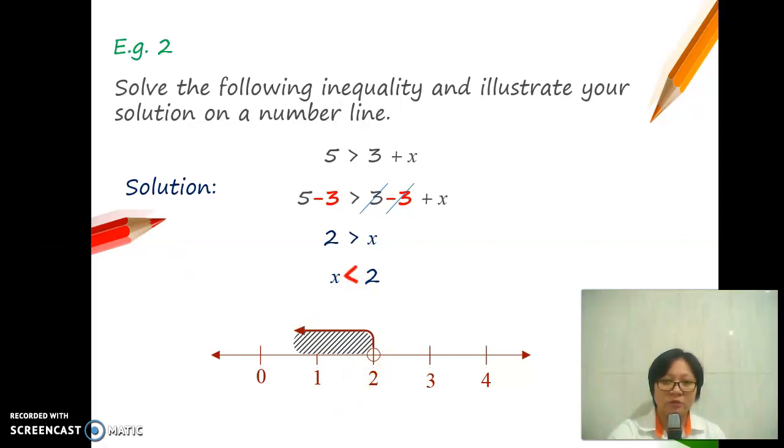You can check also by picking a number on the shaded region and use it in the inequality to find whether it's true or not. So if the linear term is on the right side of the inequality sign, we need to change the place.